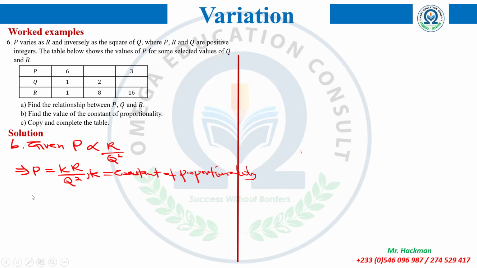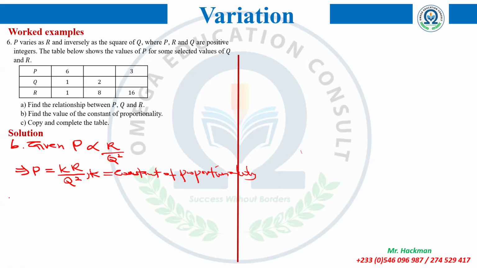The next point is to find the value of K, so we are going to find B first before A. As you substitute and find the value of K, you are solving for B. Quickly, let's do that and see.